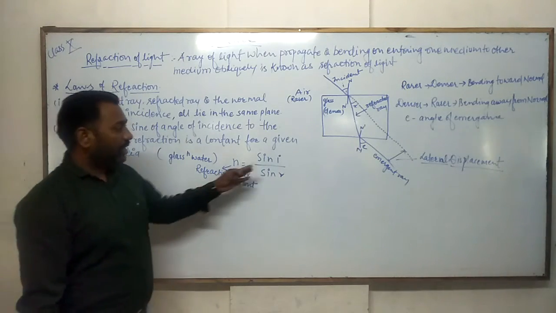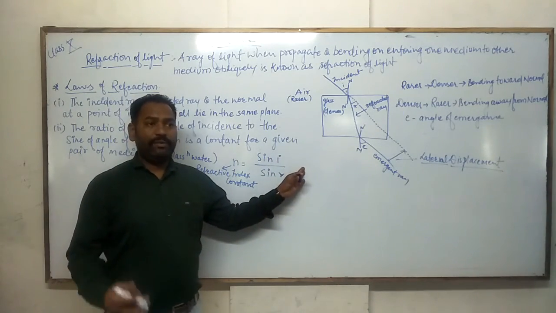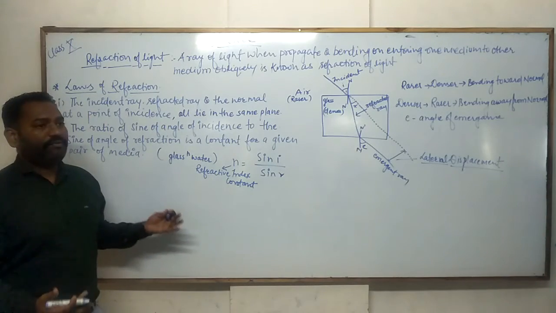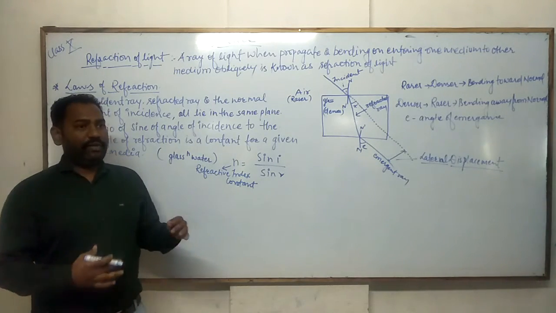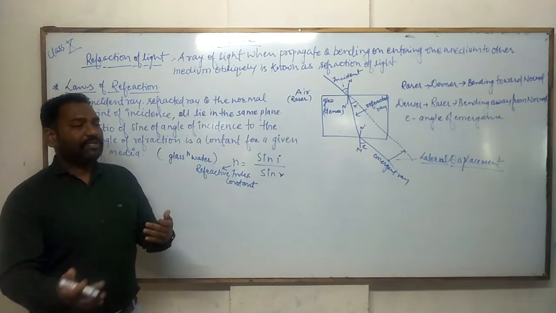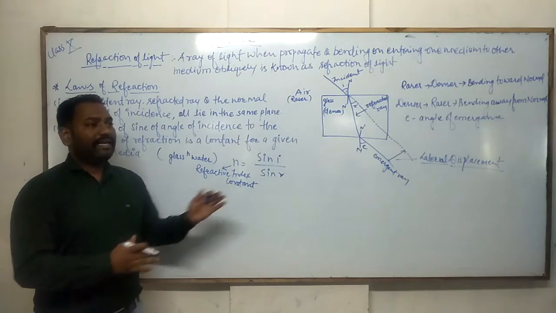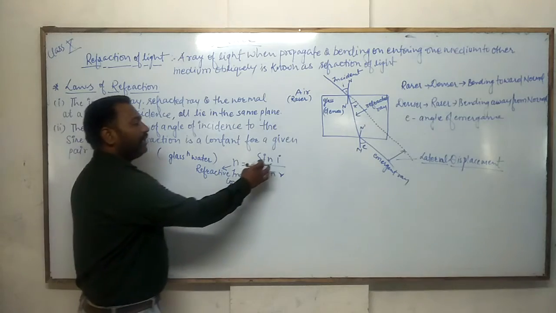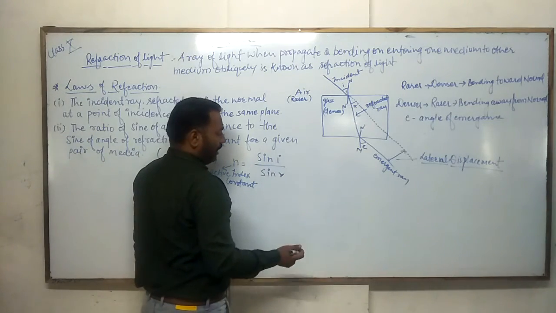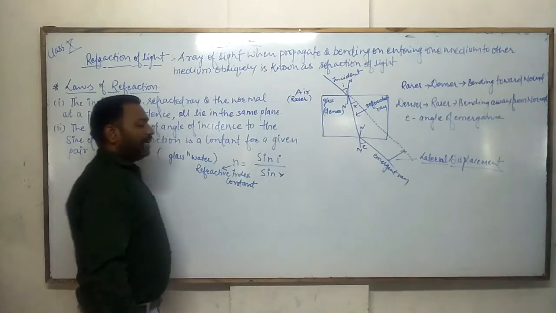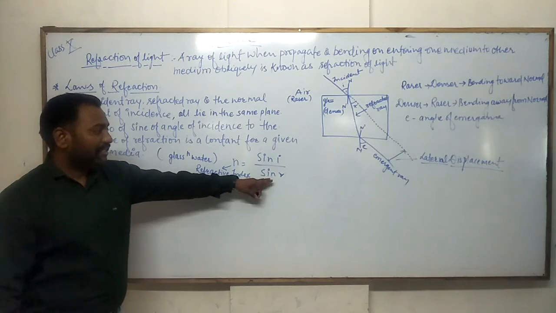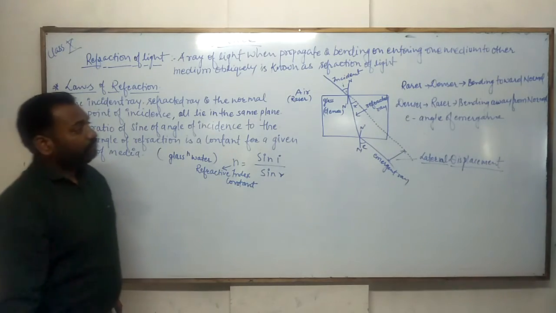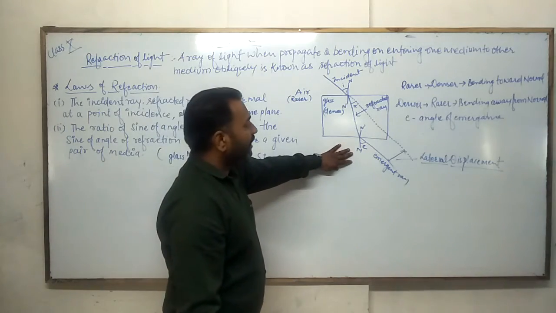Sin i is the angle in the first medium, the rarer one, and sin r is the angle in the second, the denser one. I hope you are understanding here.